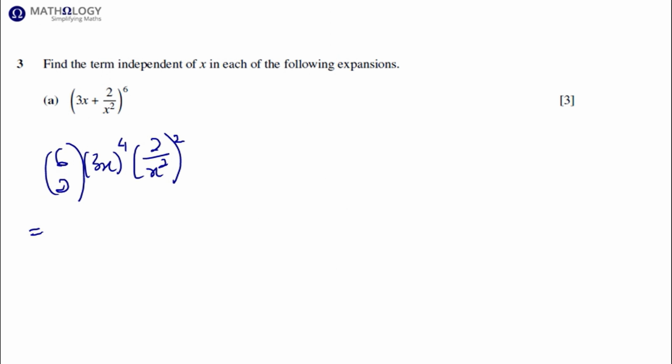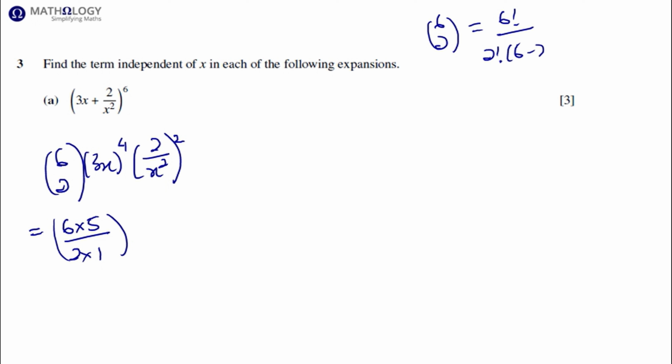Okay, so we'll just evaluate this now. So 6 choose 2 is going to be 6 times 5 over 2 times 1. You can use the factorial notation if you like, or Pascal's triangle to evaluate the coefficient of this particular term. So this is 6 factorial over 2 factorial times (6 minus 2) factorial. 3 to the 4 is 81, x to the 4.